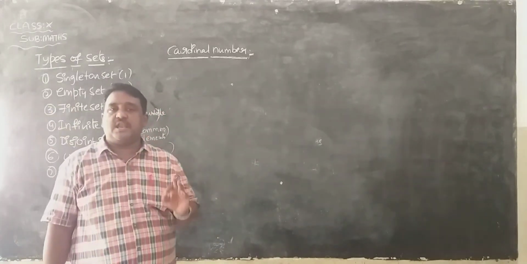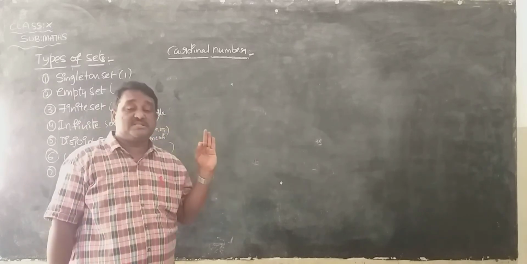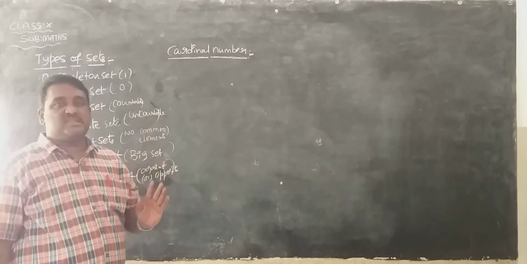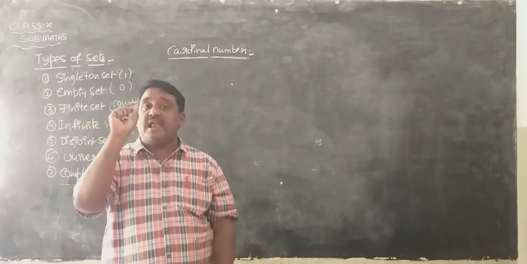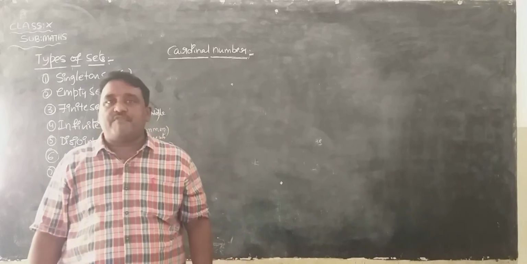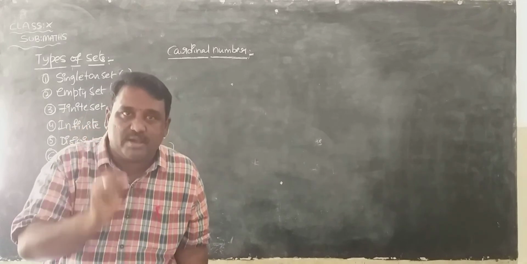Definition of cardinal number. Cardinal is a word that belongs to sets. Cardinal number means number of elements in a given set. Number of elements in a given set is known as cardinal number.